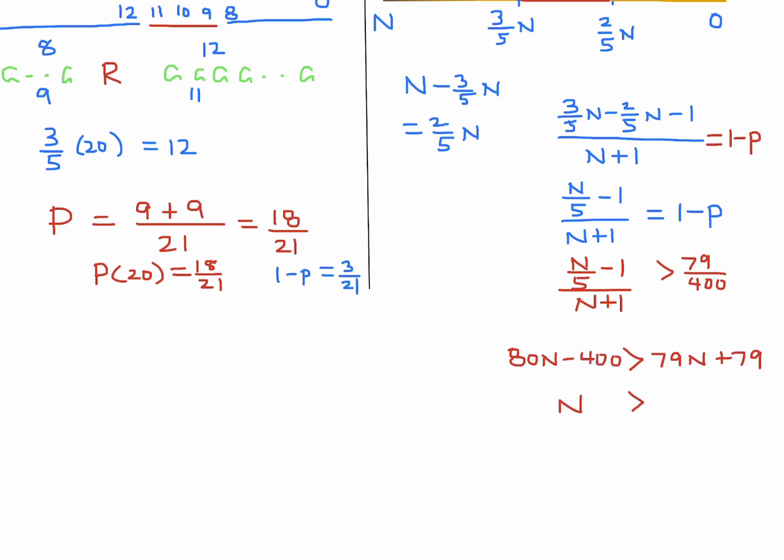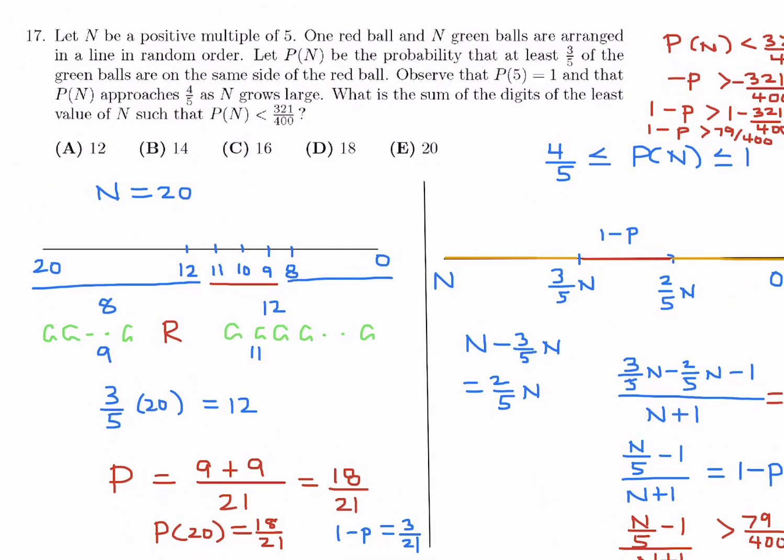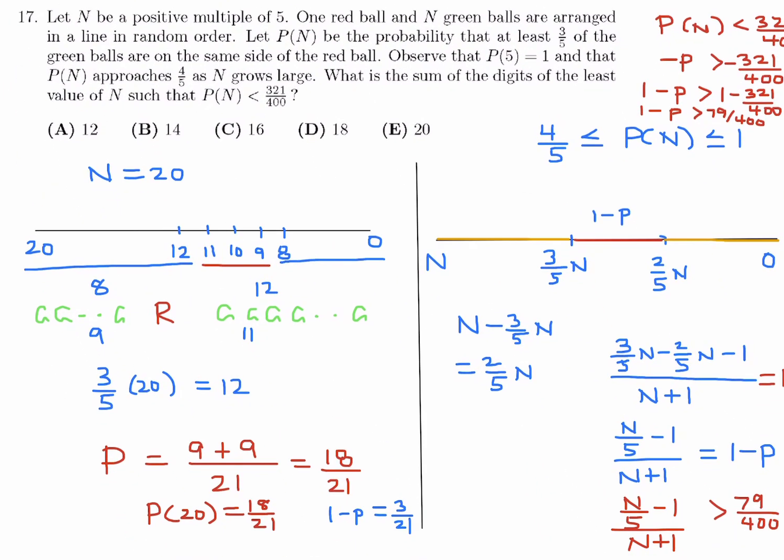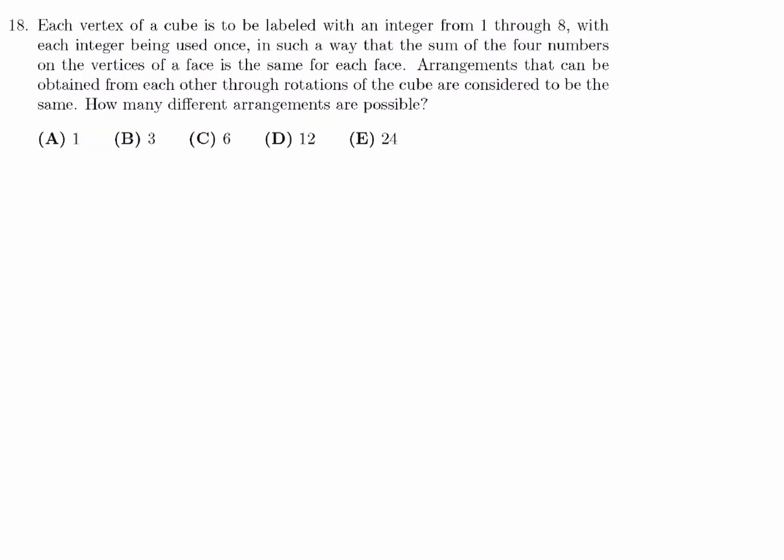So collecting like terms, we get n is greater than 479. So the smallest value it could be is 480. And they want you to figure out that and then figure out the sum of the digits of that. Well, the sum of the digits of 480 is 4 plus 8, which is 12. So it's a very interesting question. Number 17, the answer is A.